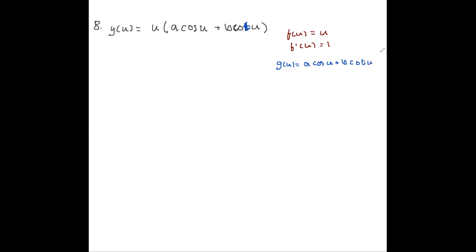Cotangent u. What would my g prime of u then be? I need to know what the derivative of a cos u is, and then of b cotangent u.